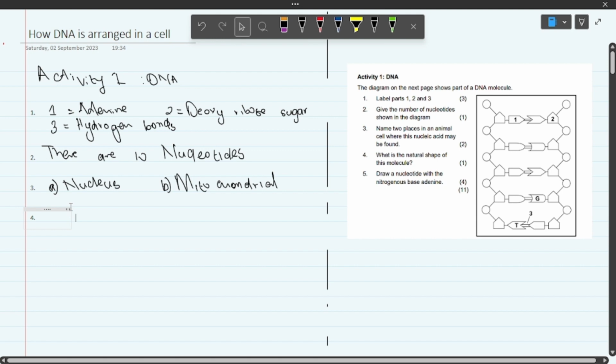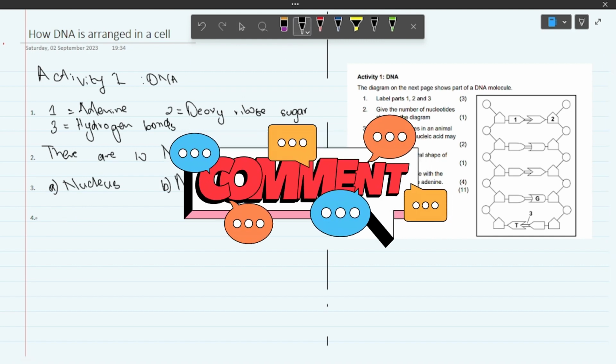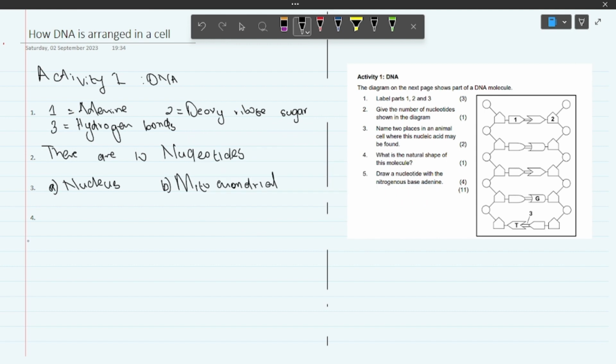Okay, so let's write that down. It's a double helix structure around the histone.